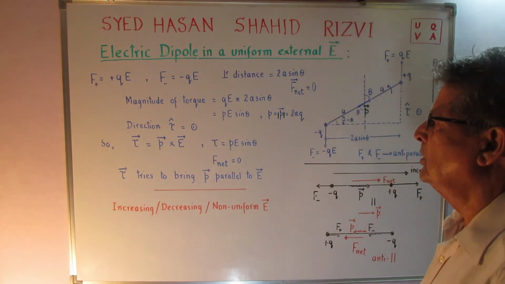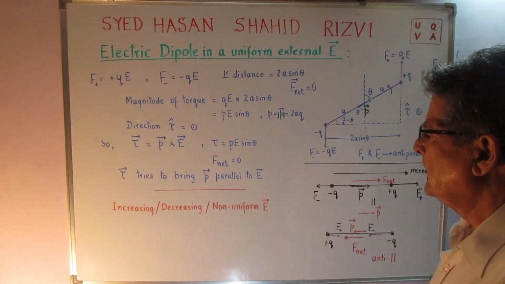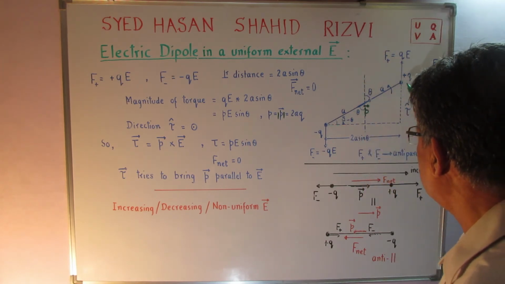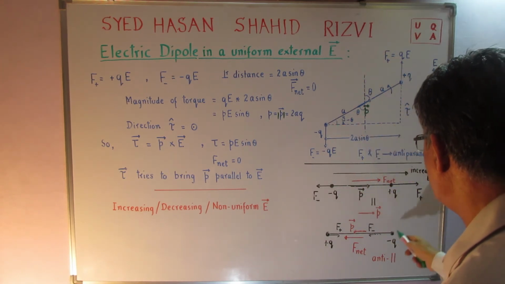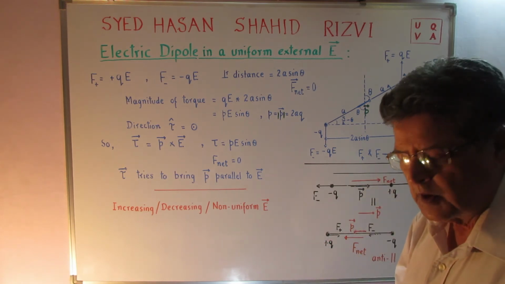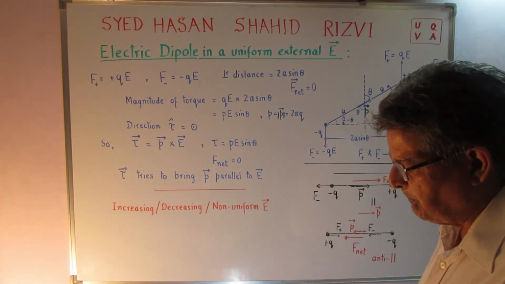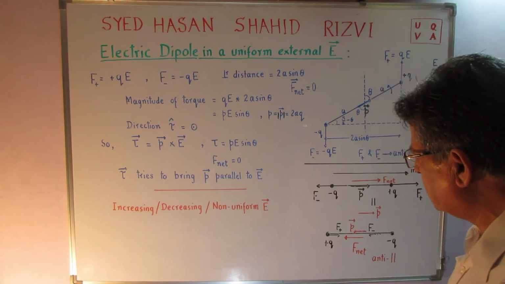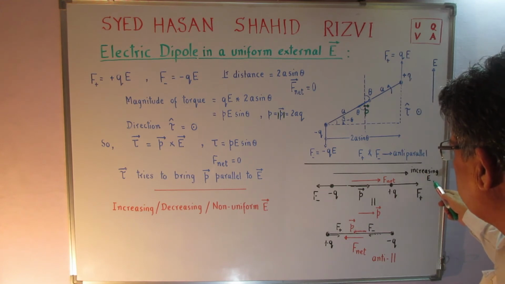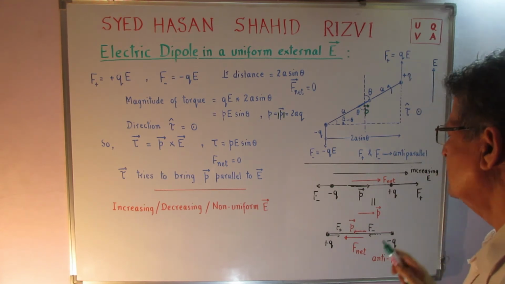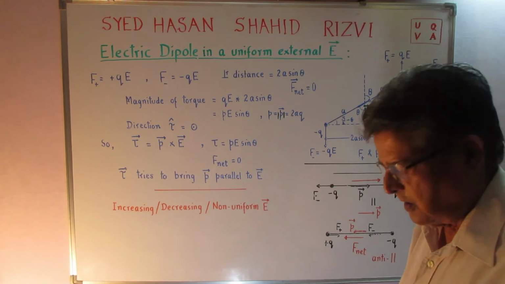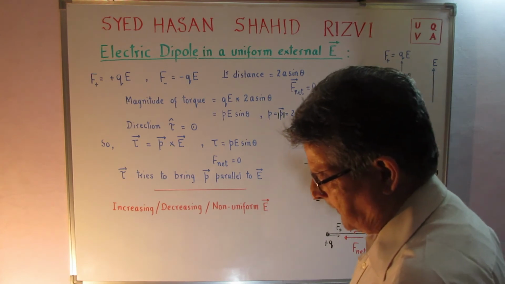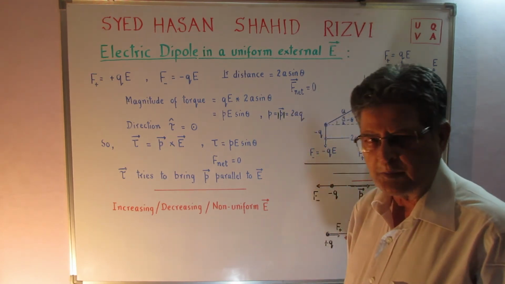One thing I have to mention to you, and that should be borne in mind clearly, is that this dipole, whatever, they are taken to be permanent dipoles, meaning thereby that they are not affected by the external electric field here or here in all the cases, because electric fields do make changes in the dipoles.